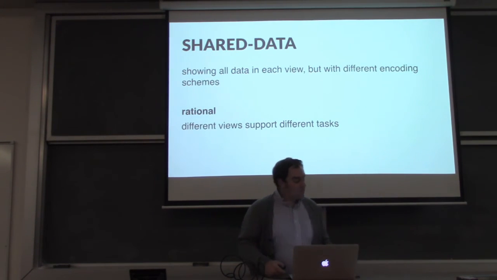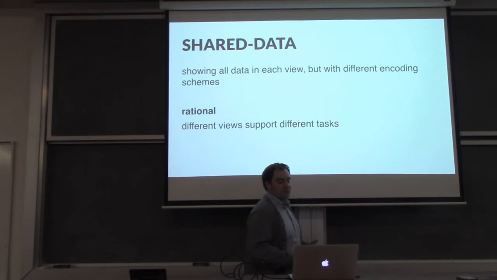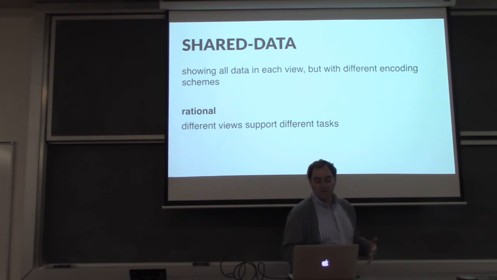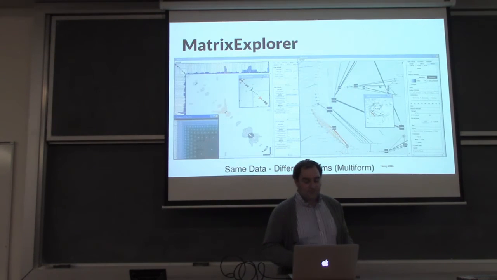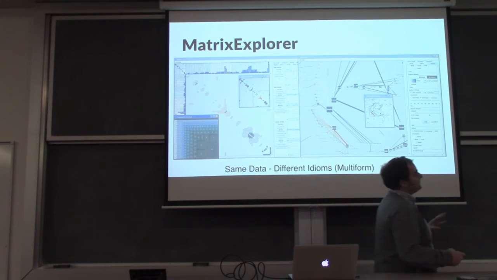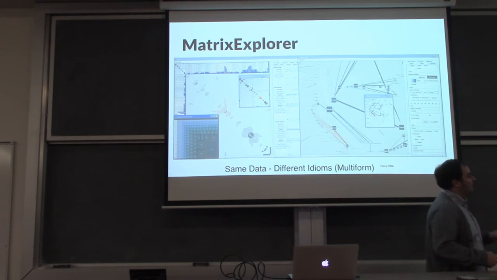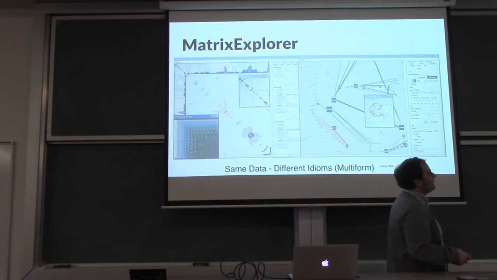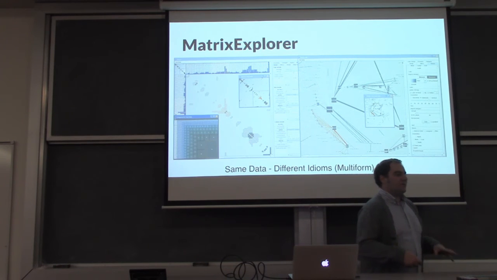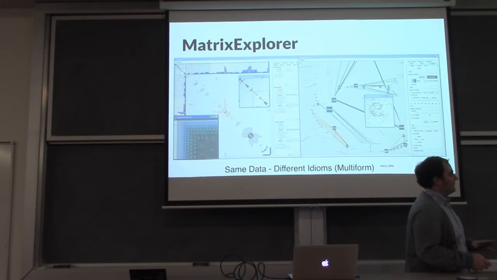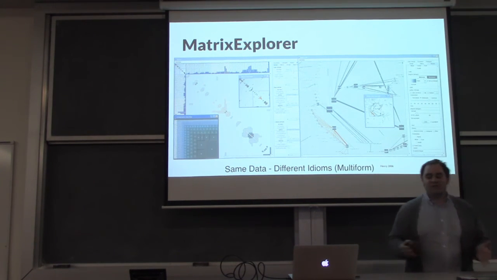When we talk about shared data, what we mean is that we show all data in each view, but with different encoding schemes. The idea is that different views support different tasks. For example, and we'll talk more about network visualizations later, you could represent a network as a matrix and as a node-link diagram at the same time, and therefore ideally balance the trade-offs between both.